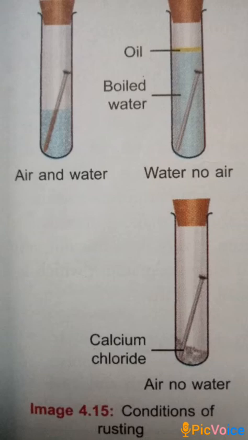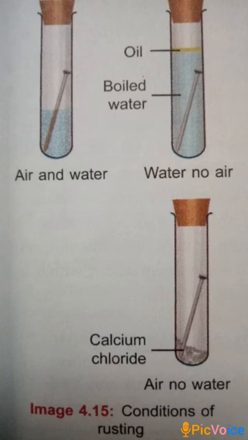In test tube B, there is no air and the level of water is sealed with oil. And in test tube C, there is no water but the air is there, and we have put calcium chloride as a dehydrating agent, which means it absorbs any moisture if it is there.